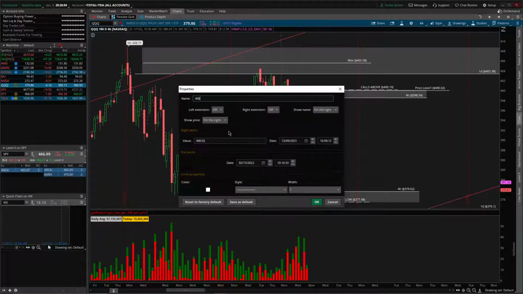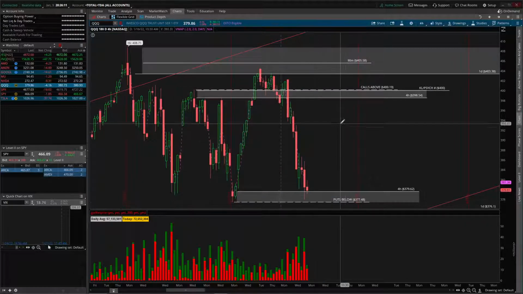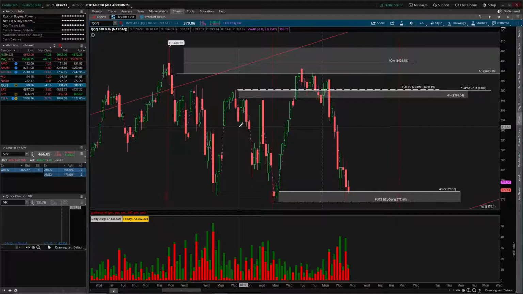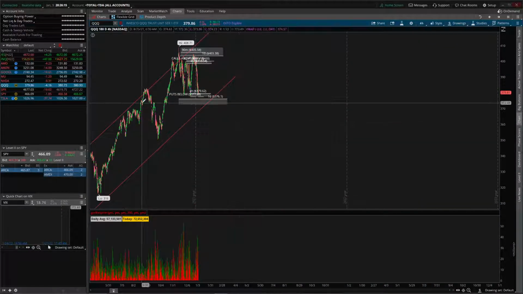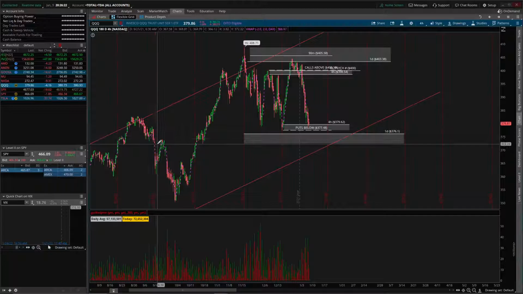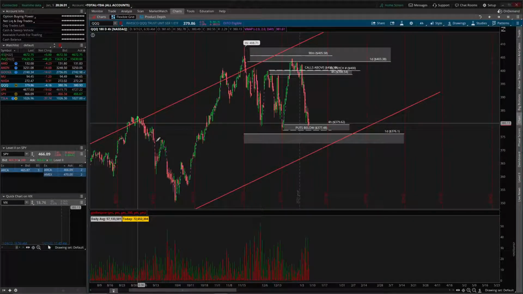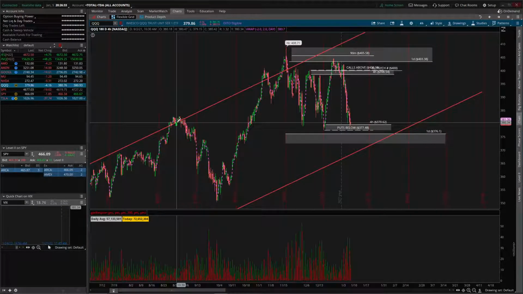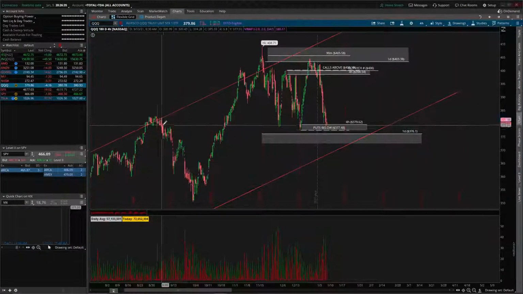So it was from August to the beginning of October that we started taking this big dump once price had hit this top resistance on this channel.